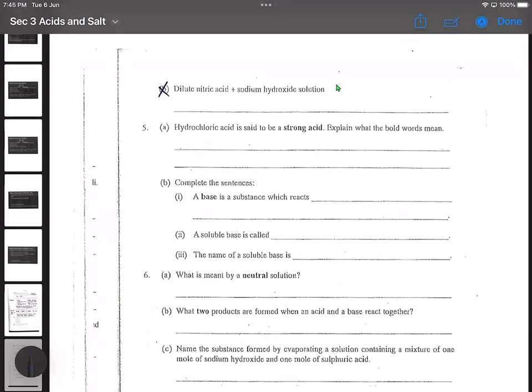All right, next, let's look at strong acids. We say that they undergo complete ionization or complete dissociation of H+ ions in water.